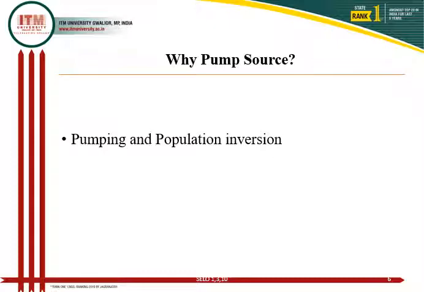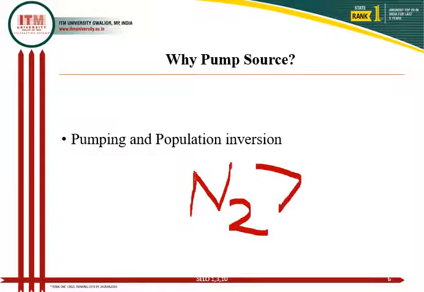If we consider the higher state population as N2 and ground state population as N1, then N2 must be greater than N1, and not only greater but very much greater than N1.